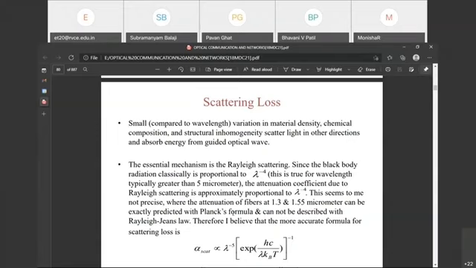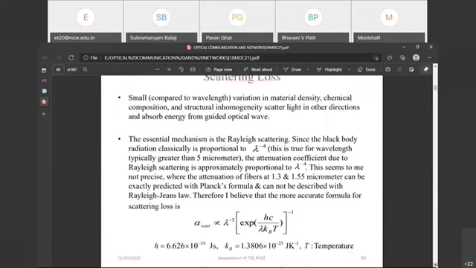And you will have two more scatterings, Brownian scattering and others. As we move towards these scattering losses, you can easily understand the difference between each of them. As of now, this is the simplest one, wherein small material density variation will cause absorption of energy, and that is called scattering, Rayleigh scattering.